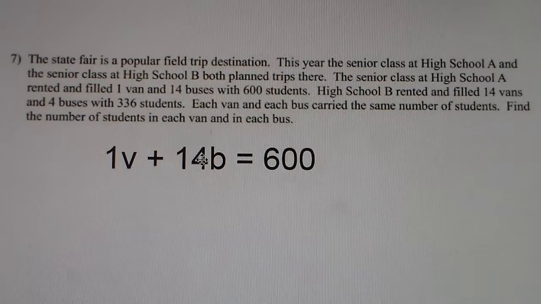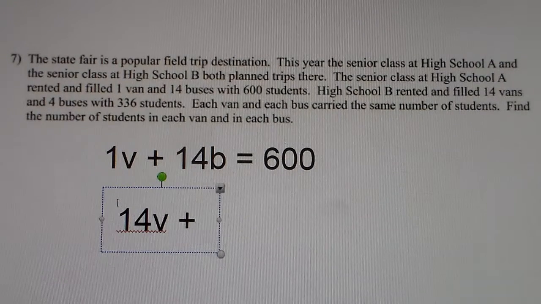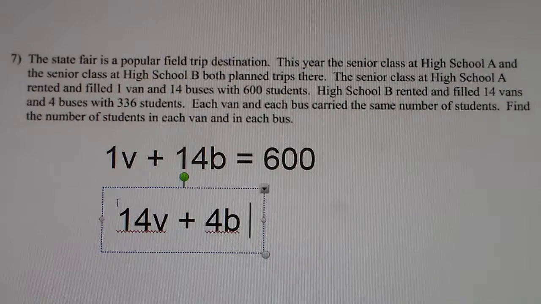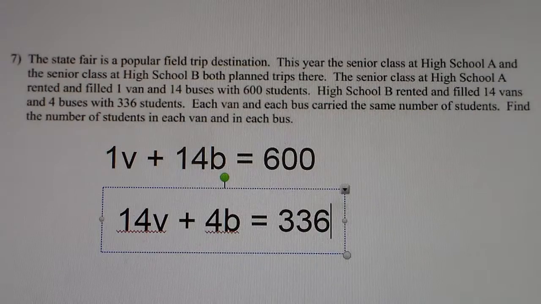That's School A. High School B rented and filled 14 vans. So 14V plus 4B for buses, which is equal to 336 students.